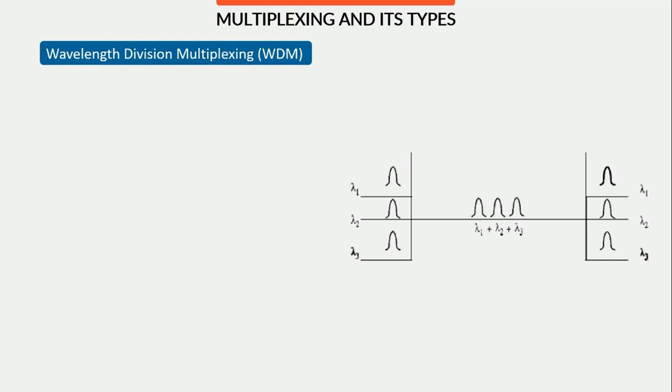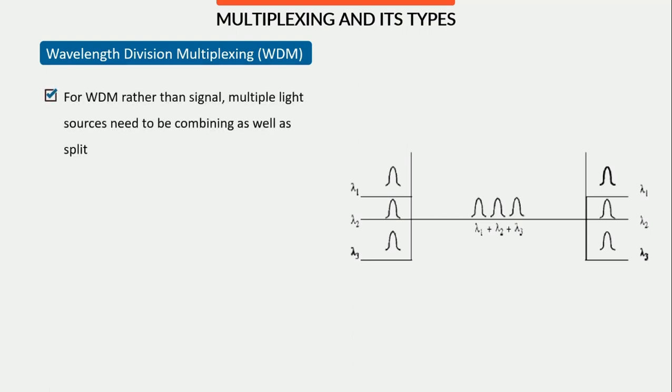Like FDM, it also combines different signals of different frequencies, but the frequencies are very high. So for WDM, rather than a single signal, multiple light sources need to be combined as well as split. That can be easily done by a prism.